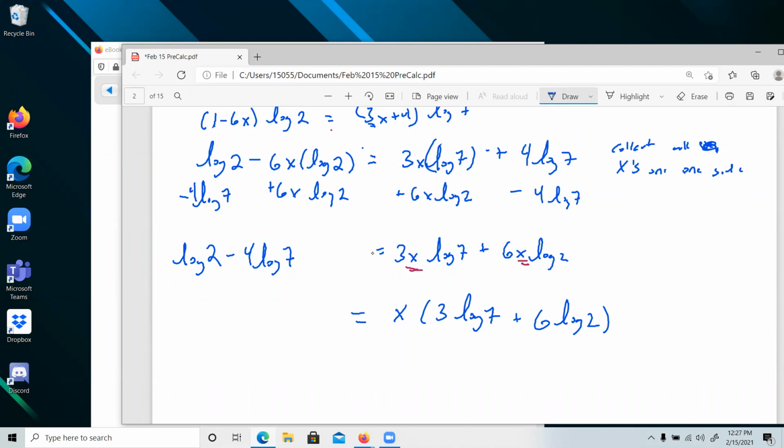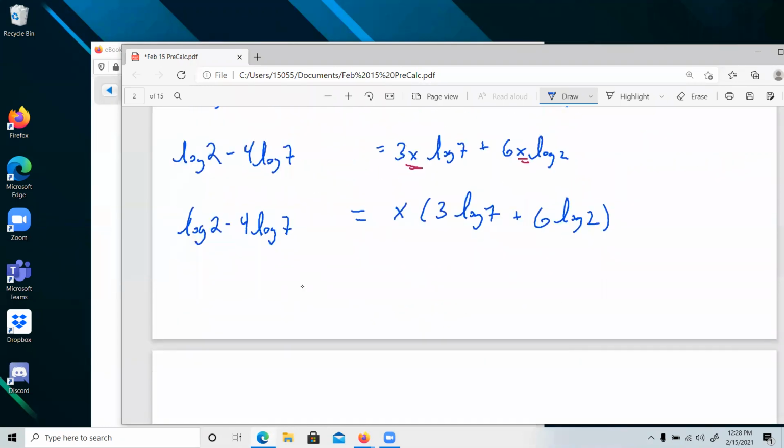You could turn this into 2 over 7 to the 4th power, but I don't think that's really worthwhile. This is a mess regardless of how you put this. I'll show you the magic you can do with this in a minute.